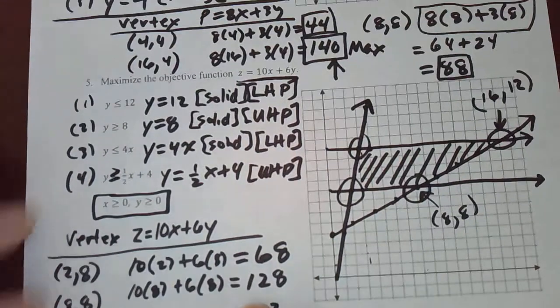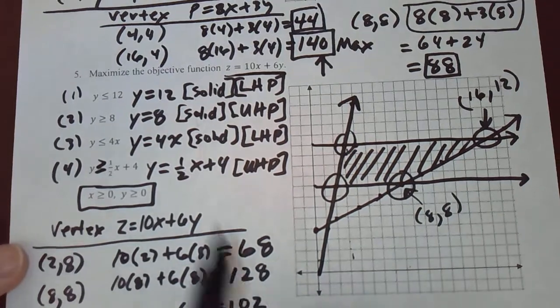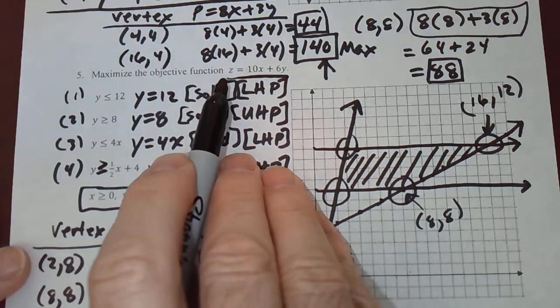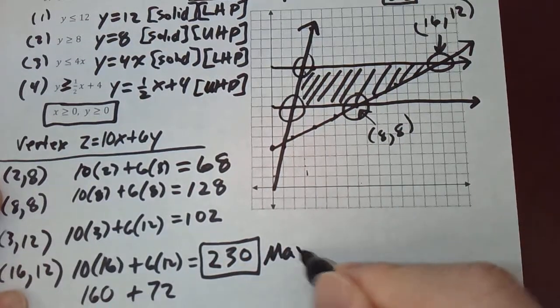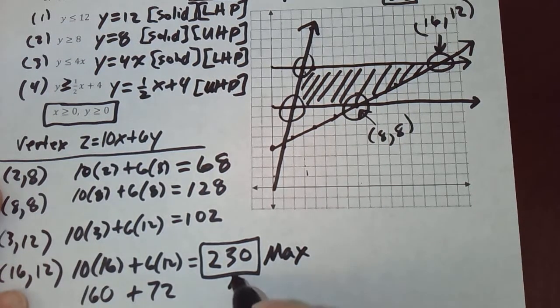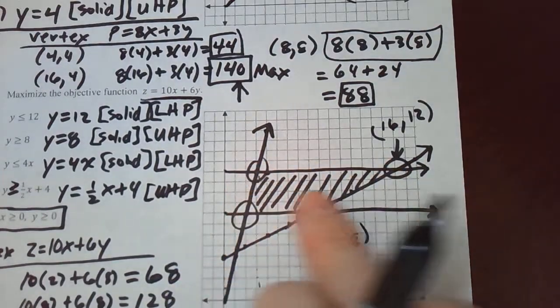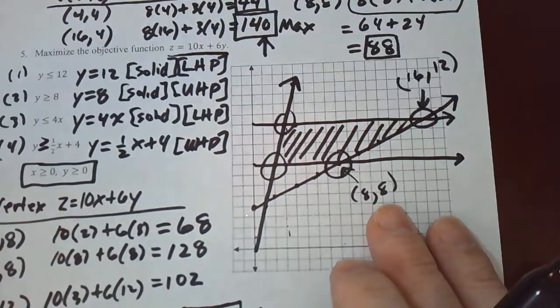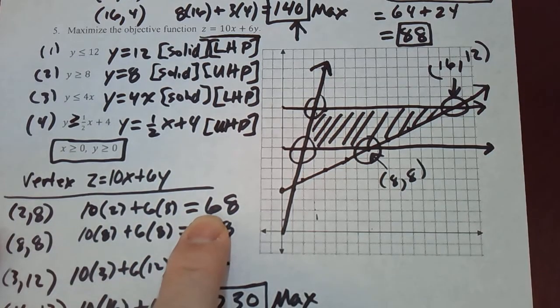So we were asked to maximize the objective function, and the maximum value of z, subject to all these constraints, is this number right here. That's the largest possible value for z taken anywhere in this feasibility region. If we were asked to minimize it, it would have been at 2, 8, where we only had a value of 68.